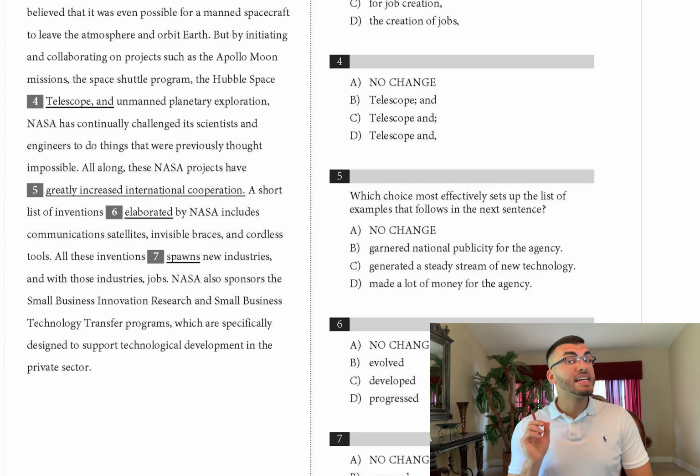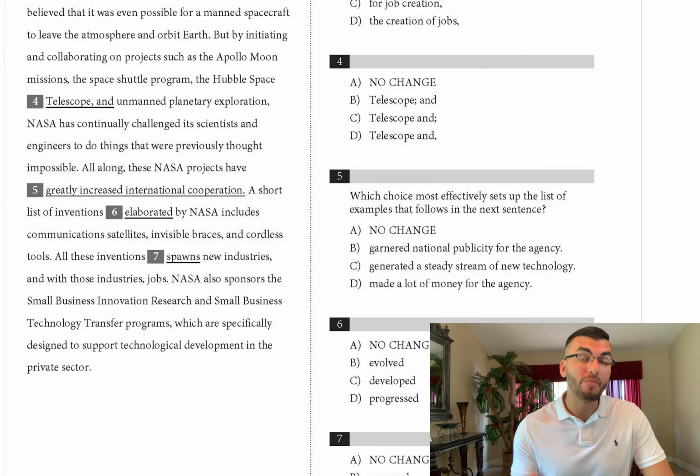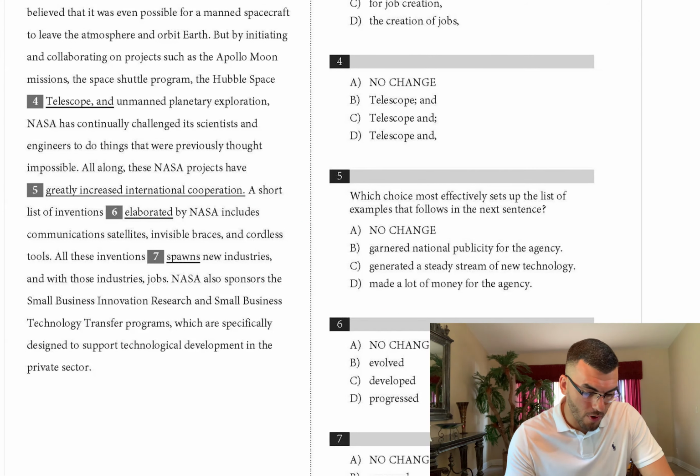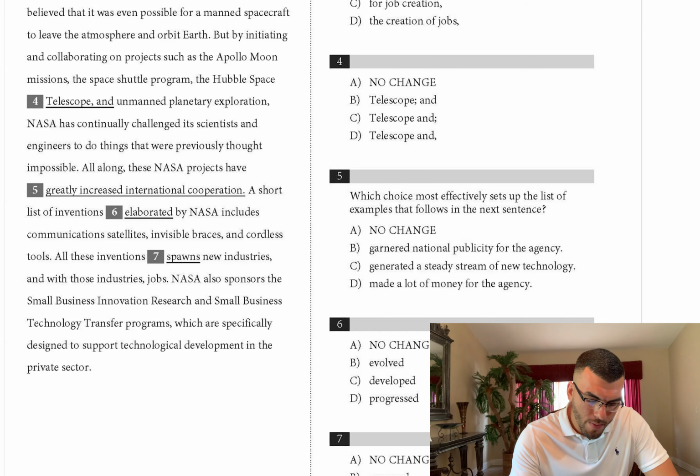So again, guys, I'm on practice test 7 this time for this example. Question number 4. We've been working in practice test 3 for the most part. So what's changing between the answer choices, guys? The punctuation. So I know I'm dealing with punctuation.